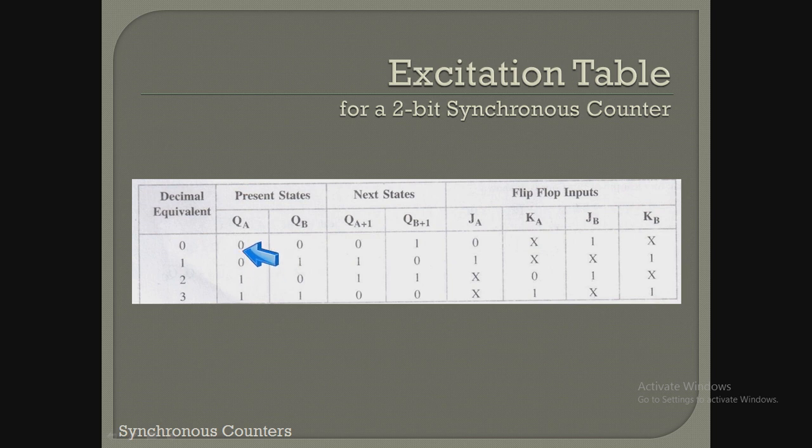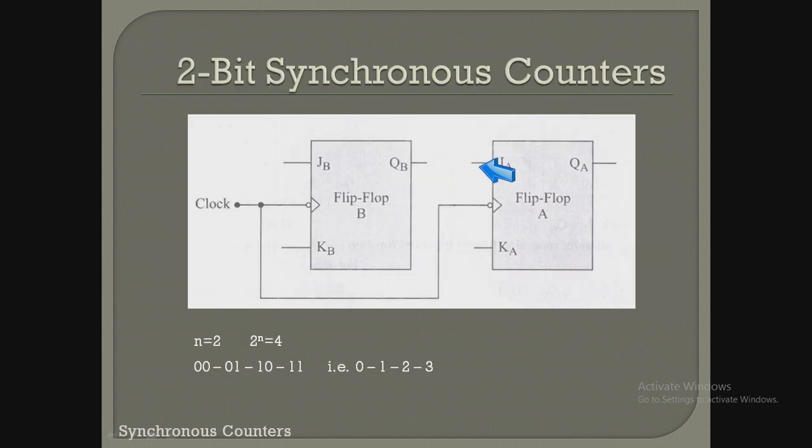understand it very carefully, that we want output of the first flip-flop, that is QA, switching from 0 to 0, means it does not change. How will it happen? If we go to this flip-flop, this state should be as such. This QA should not change.